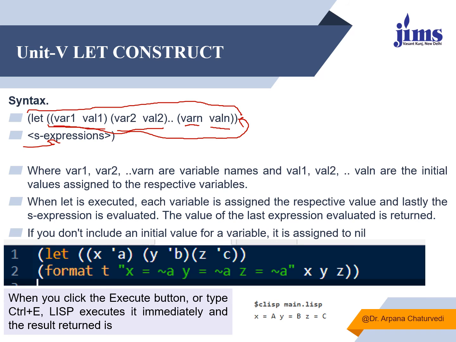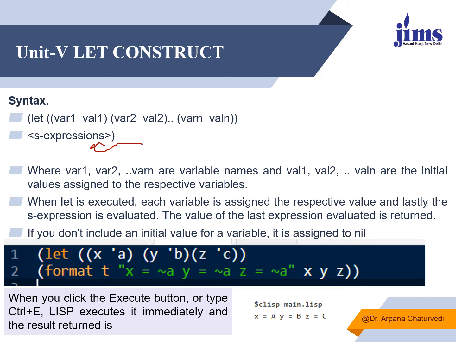Then we will write a symbolic expression which we want to get executed after setting the value of variables. Here var1, var2, varn are the variables and val1, val2 and valn are the respective values for those variables. When let is executed, each variable is assigned the respective value and lastly the S-expression will get executed.